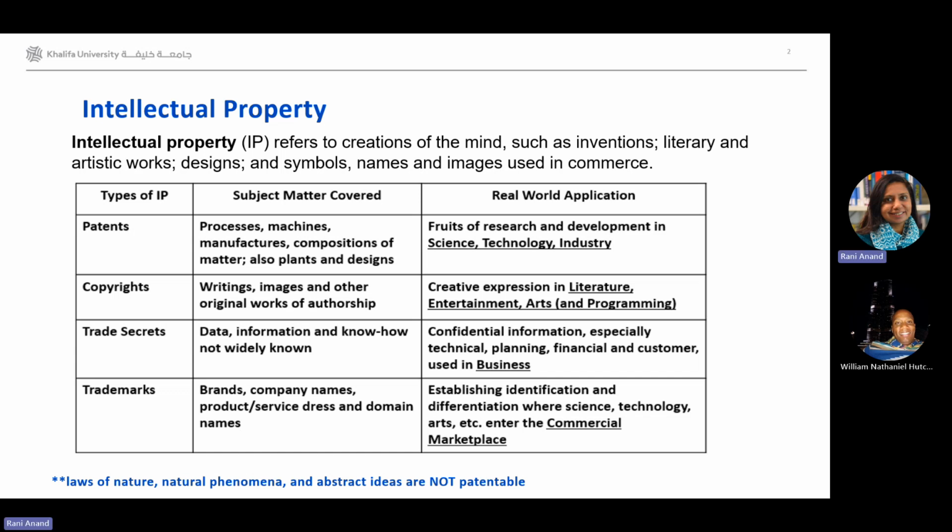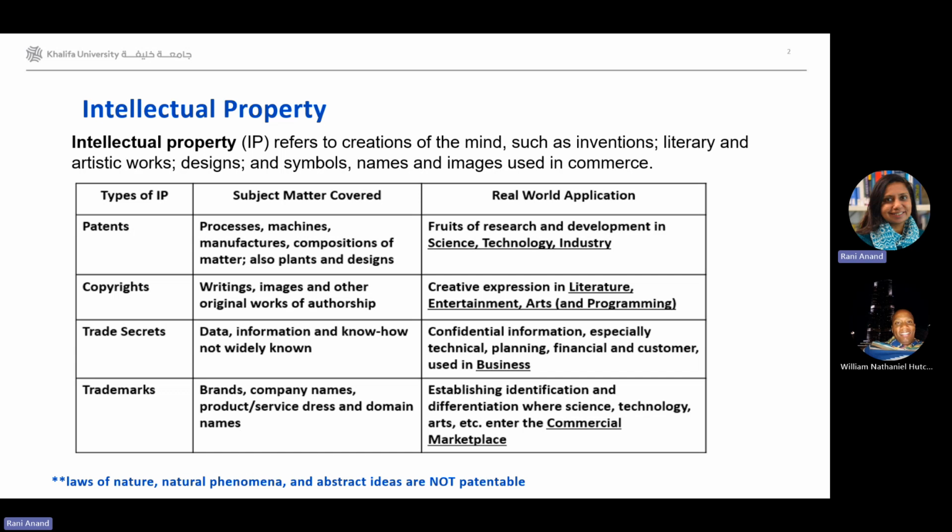The implication is establishing identification and differentiation in a commercial marketplace. So trade secrets and trademarks are more commercial.